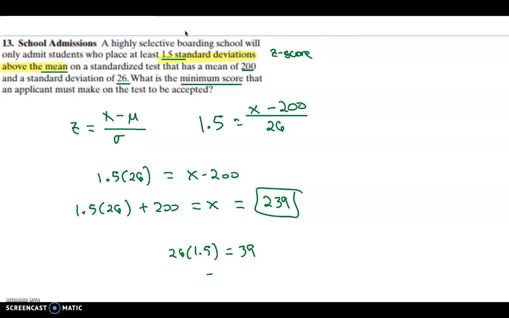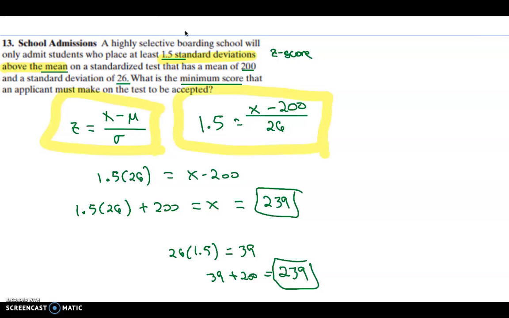Then if I add 39 to the mean, that will be 239. So if you think through it logically, that's another way of doing it. But this is just the general form. Here's the equation. We can substitute things in and just rock it off from there.